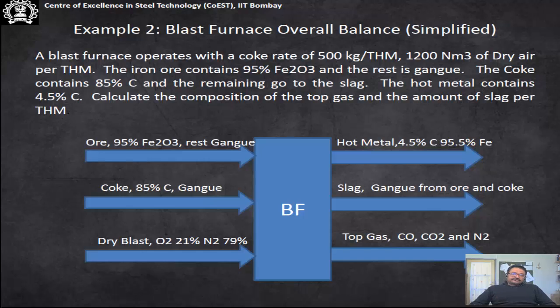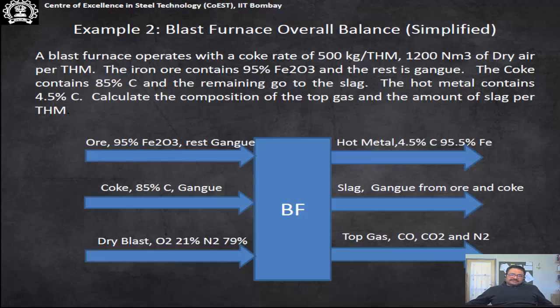Like that, 1200 normal meter cube of dry air per ton of hot metal. Again, it's a simplified case. I have put dry air because it can also contain moisture, and sometimes other hydrocarbons etc. are added, and then you also have hydrogen along with carbon in the furnace. But here we are doing a simple case so that the basics can be brought out, and afterwards the same thing can be extended for other situations as well.